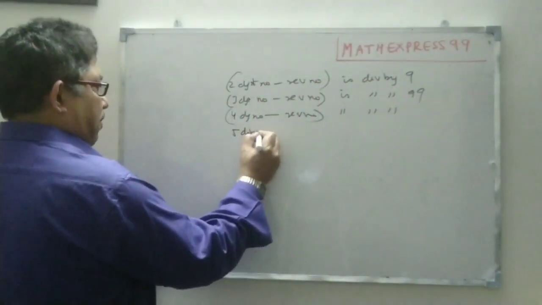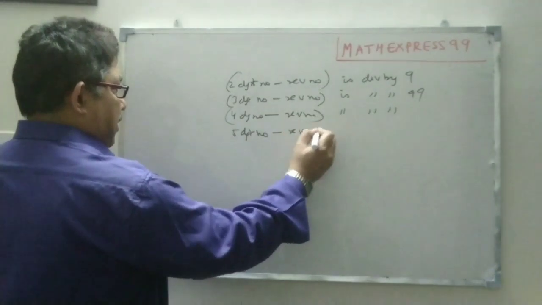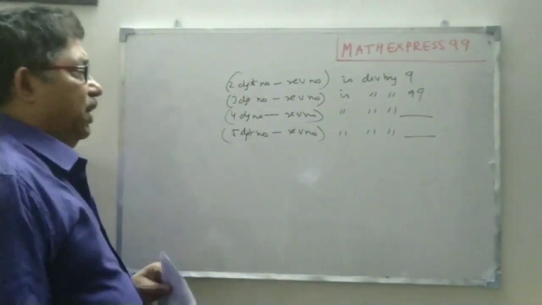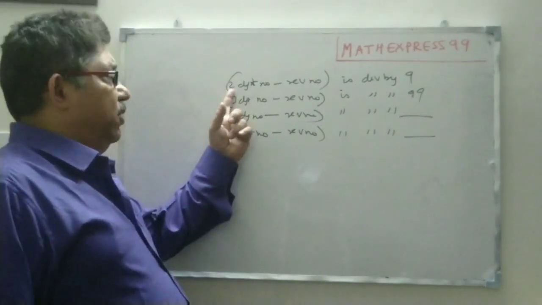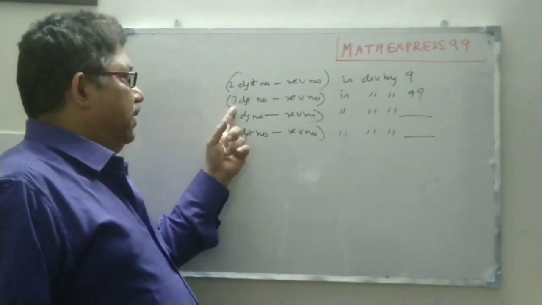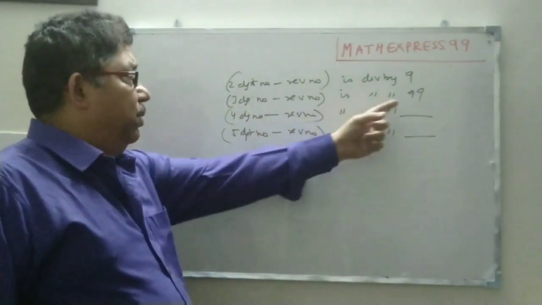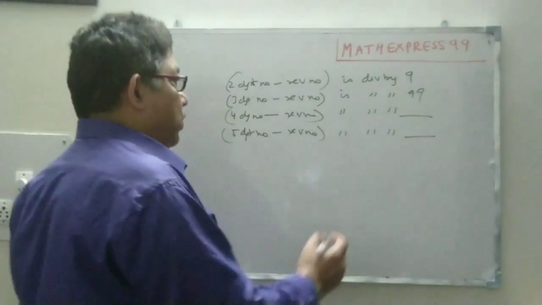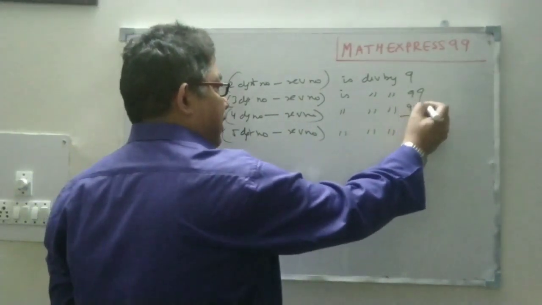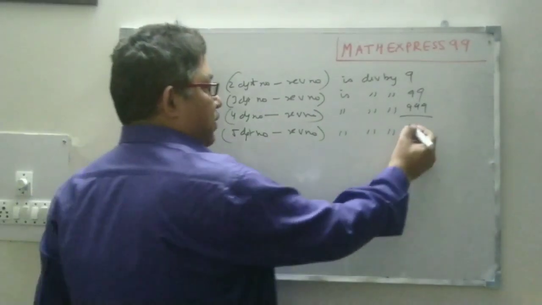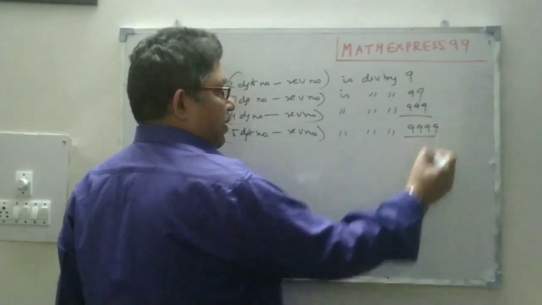Five-digit number minus reverse number is divisible by. Now what should you think should be there? Here it was a 2-digit number, so only 1 nine was there. Here it is a 3-digit number, so 2 nines are there. Here there is a 4-digit number, so what should happen? 999. 3 nines should. Here is a 5-digit number, so what should happen?